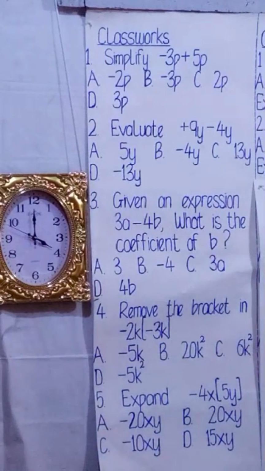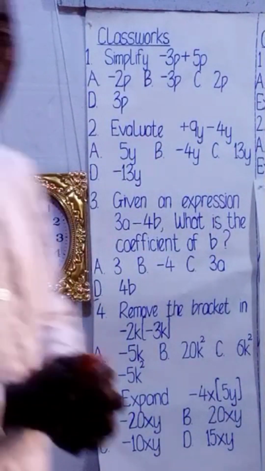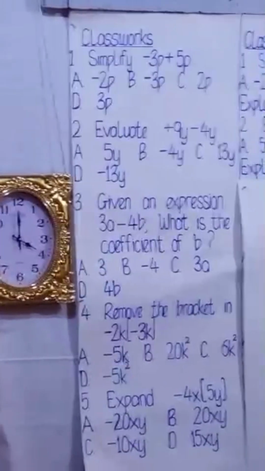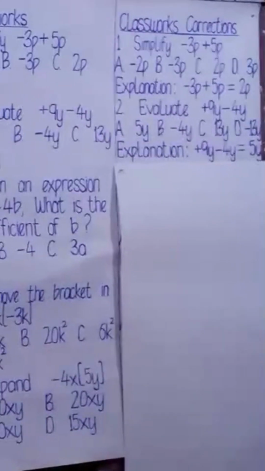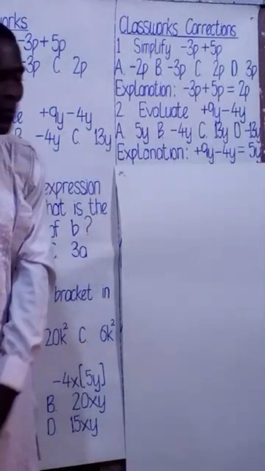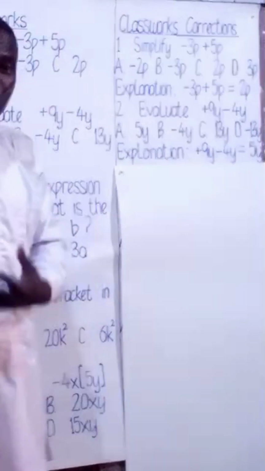Okay, stop writing, everybody. Now, let us quickly look at the correction of what has been done. Now, let us look at correction to number 2. Plus 9y is the amount of money that is with you. Then minus 4y means the amount of money you are owing.